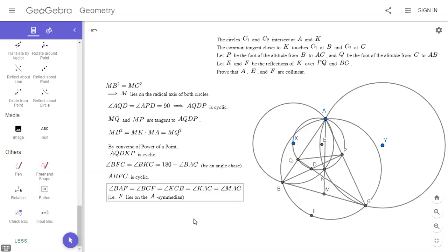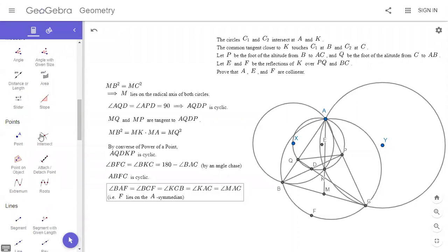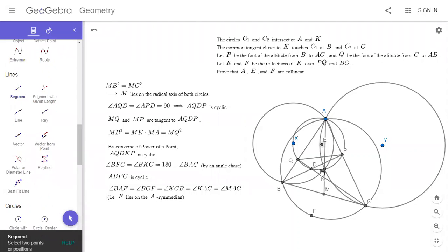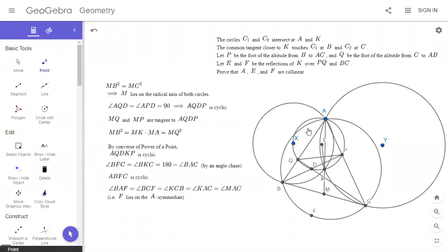And then we should be able to do the same thing with point E, right? Just thinking through it, but I think it's exactly the same idea. Really it's the same argument, because if we let KE, so E is a reflection of K over PQ, right?